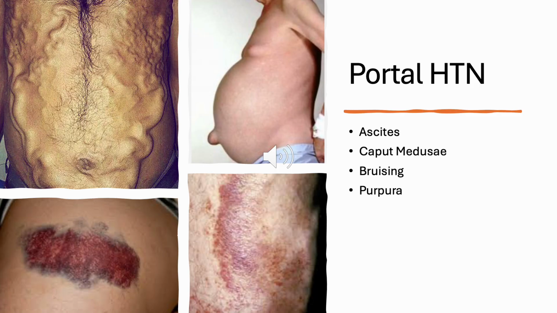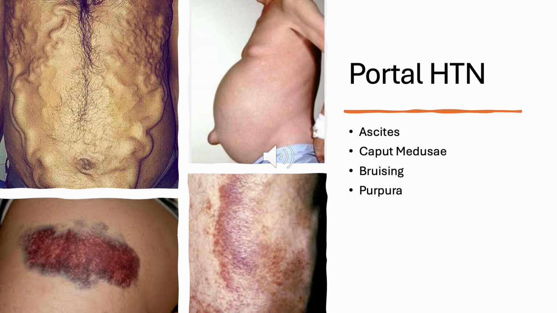Here are some pictures of patients that have portal hypertension. These pictures demonstrate the physical findings you may see. The first picture is an anterior view of the abdomen, and you can see these snake-like veins. So that's why it's called caput medusae. And then the second picture is a picture of a man with ascites, and it looks like he's pregnant, right?